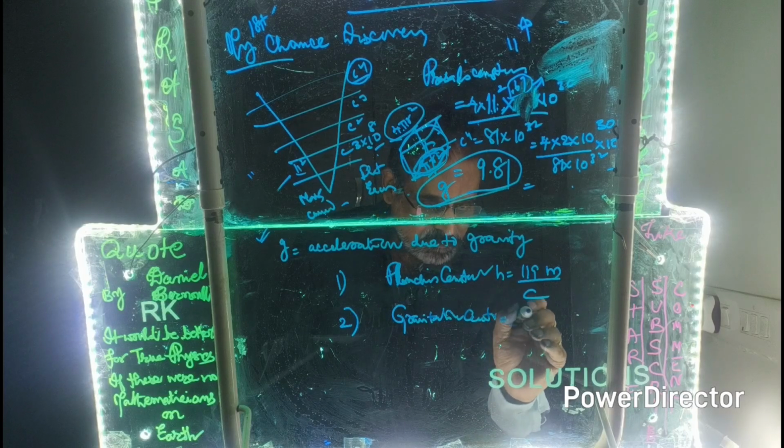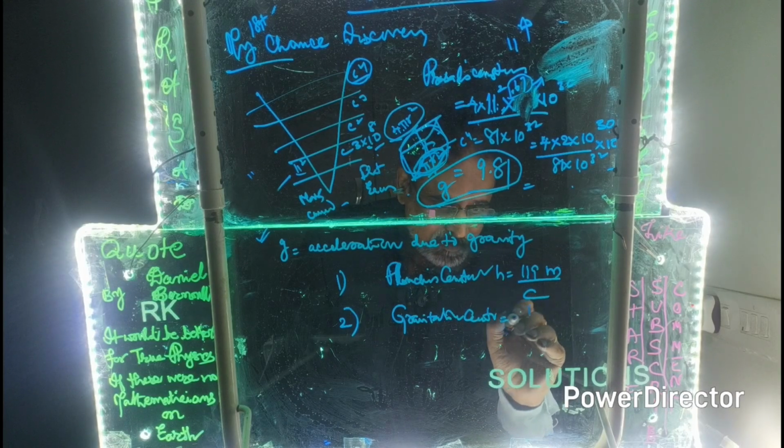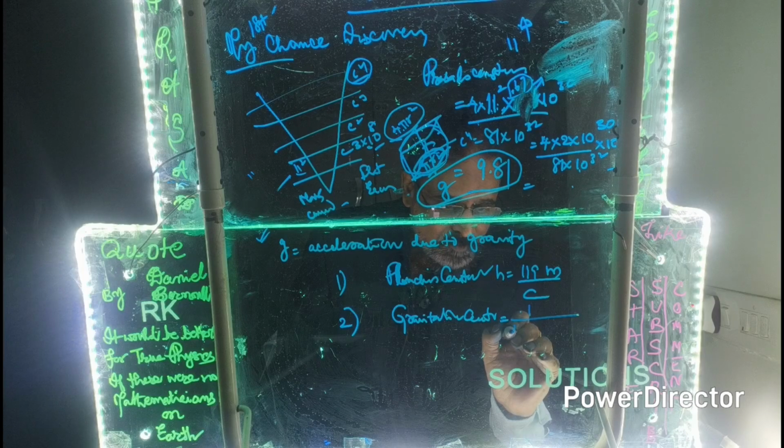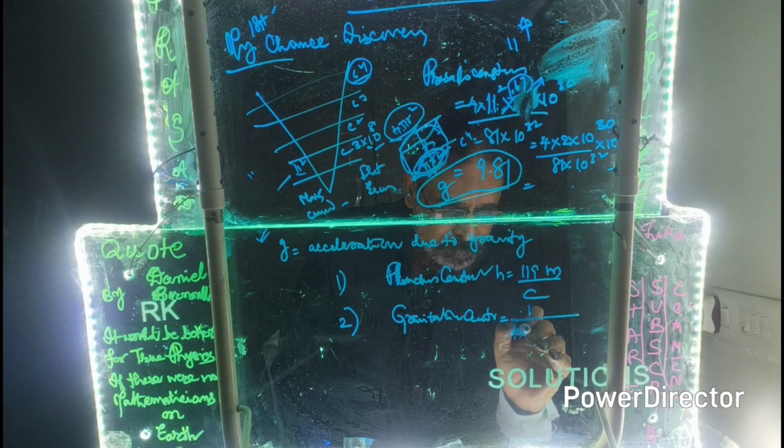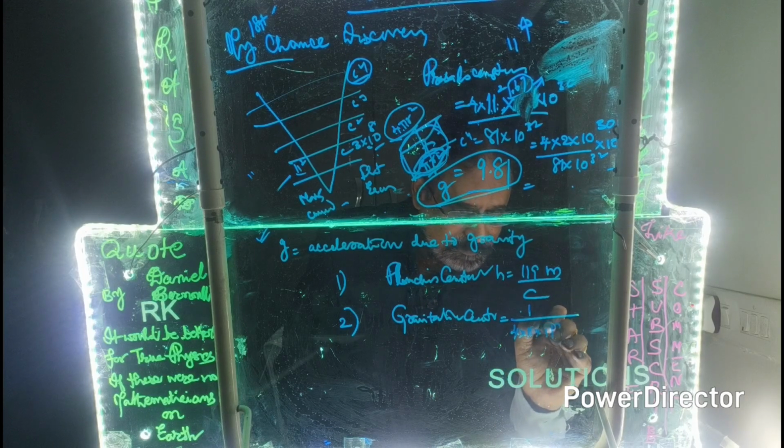Gravitational constant is equal to 1 by 4 into 5 into 119 into 10 raised to 7.